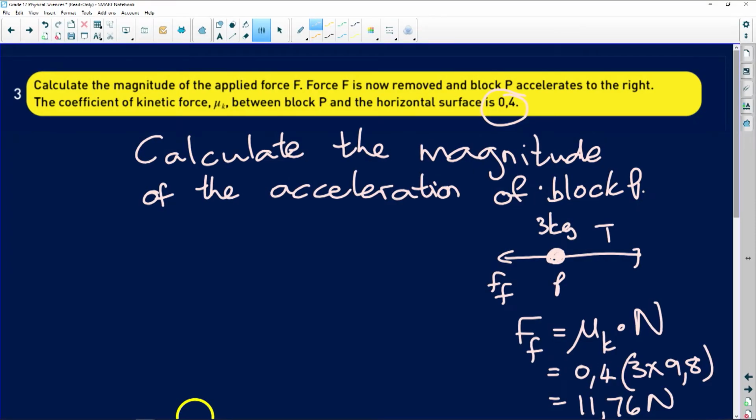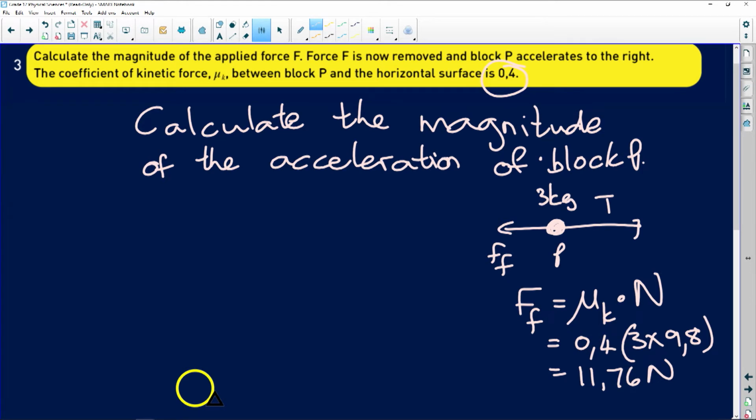Read the instructions very carefully on the front cover of your question paper, and it says round off to 2 decimal places, so please do that. And don't round 11,76 up to 12. So be precise, all right? So we are very accurate, so it's 11,76 newtons. Good. So now we've got the friction.